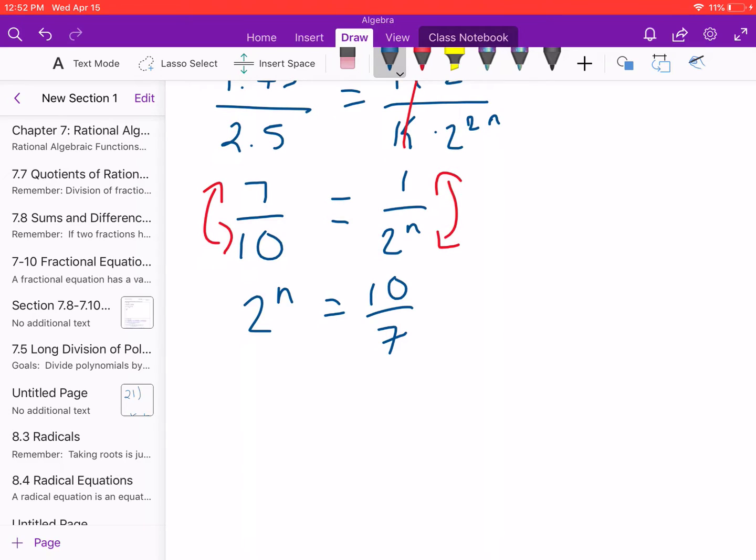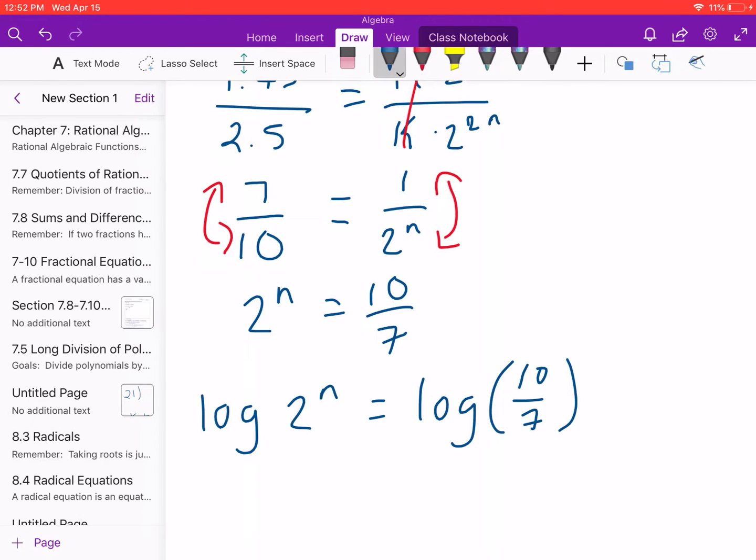And so, I now need to find out what 2 to the n, that power, is. So we're going to use the reciprocal and flip this equation around. If I use the reciprocal and flip, this can be rewritten as 2 to the n equals 10 over 7. All I've done is flip.